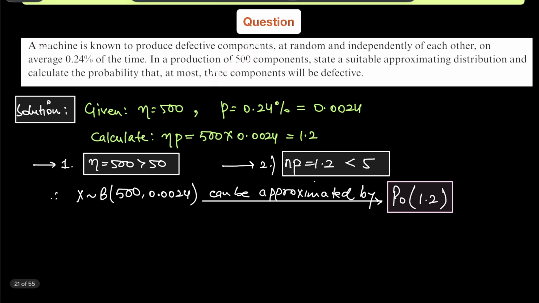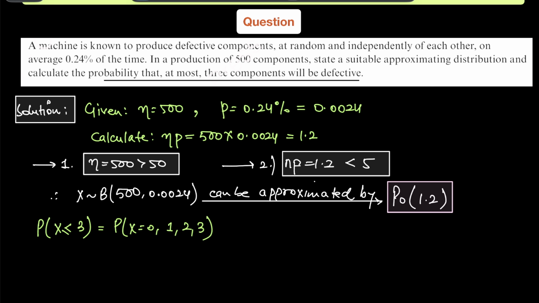So now according to the question, if we read that very carefully, we can see that they want us to find the probability that at most 3 components will be defective. So we need to calculate the probability P of X less than or equal to 3. For this, we will calculate the probability of X equals 0, 1, 2, and 3. How do we calculate this?